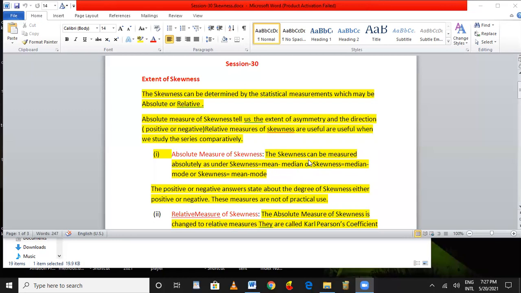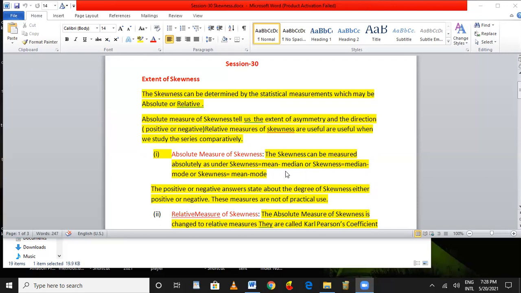Here in the absolute measure, we calculate the skewness. If we get a plus sign, we determine it as positive. If we get a minus sign, it is determined as negative skewness.